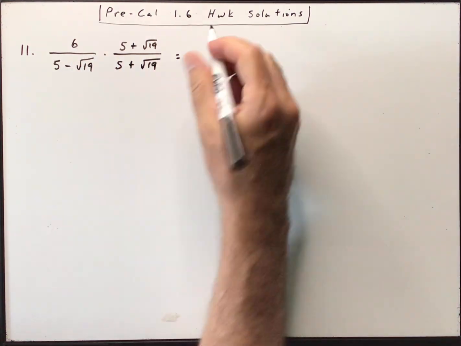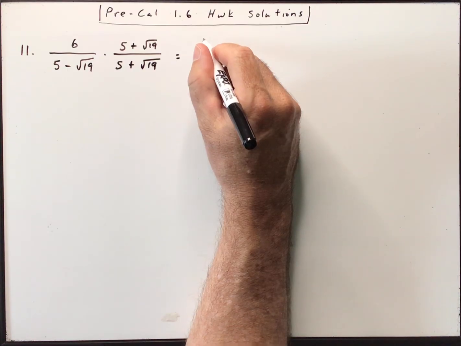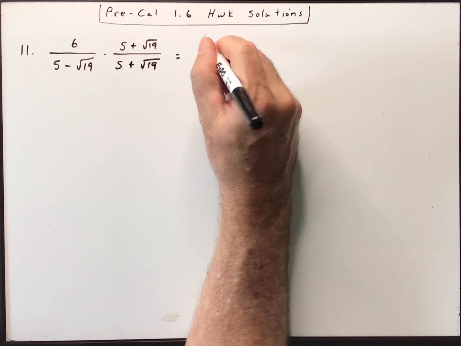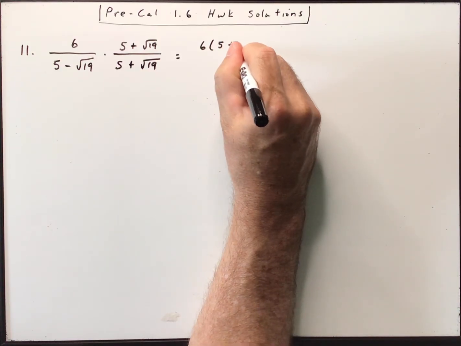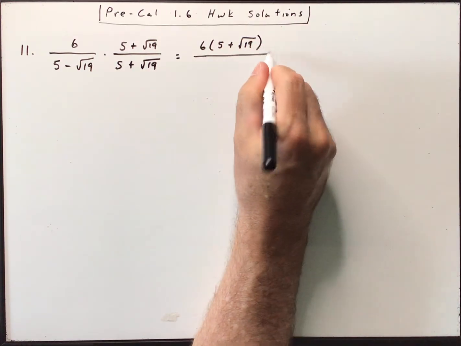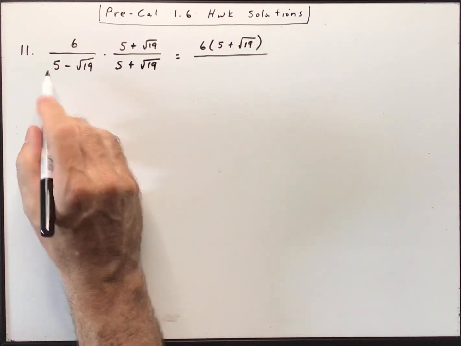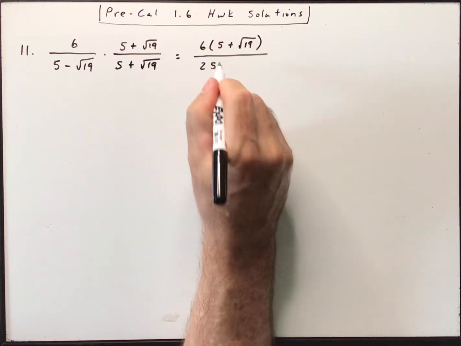And multiplying the top, I would have 6 times 5 plus the square root of 19. And we're going to FOIL the bottom. So first is 5 times 5, that's 25.